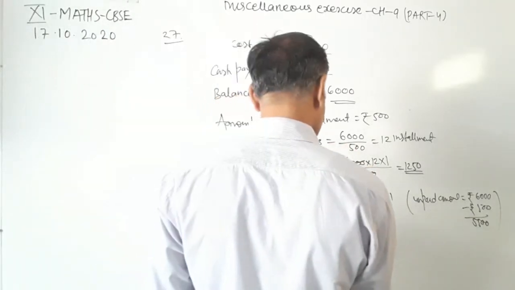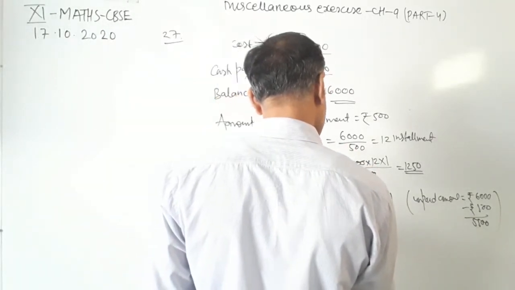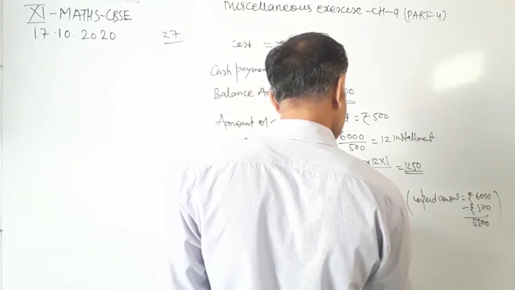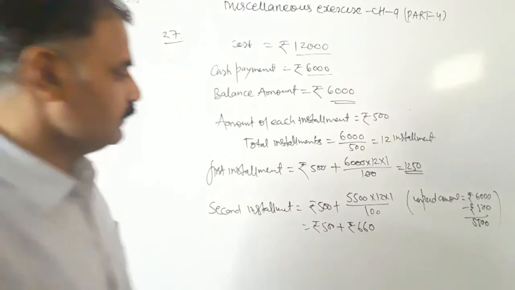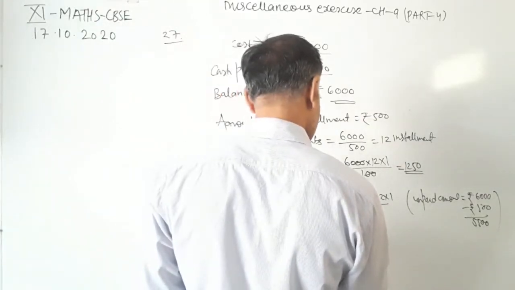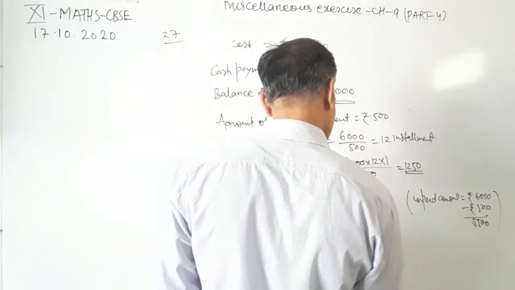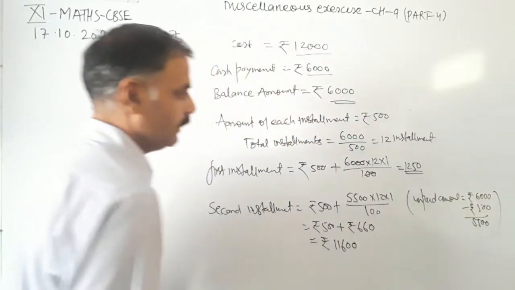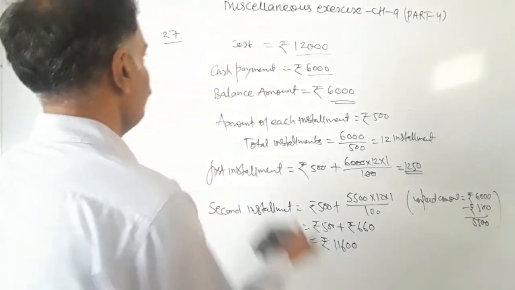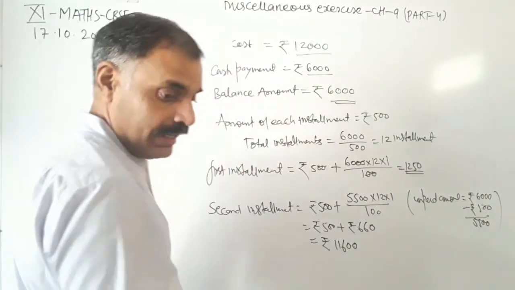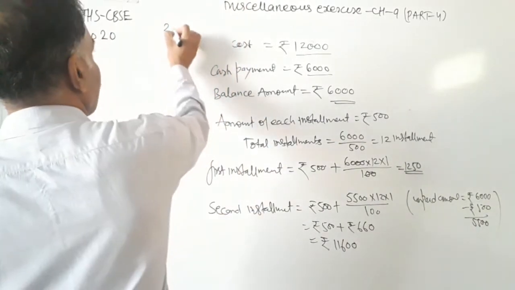So this equals rupees 500 plus rupees 660, that is rupees 1160. Similarly we can find the third installment, so we will have a sequence of the installments.